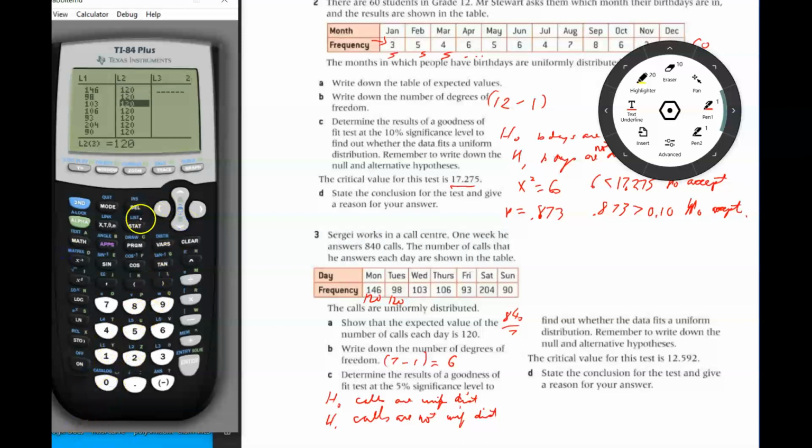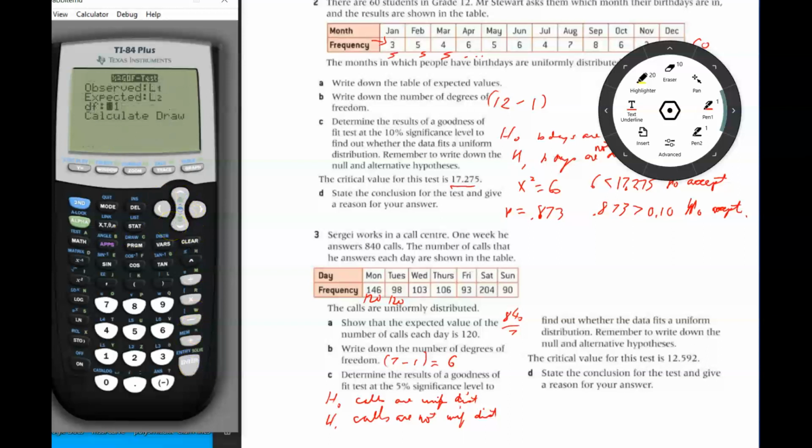And my observed data in list 1 and my expected data in list 2, and then I'm going to go and do stat tests, chi-squared goodness of fit, and L1 and L2 are the default, so I just leave those there.